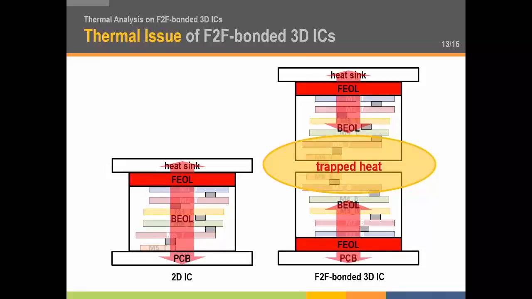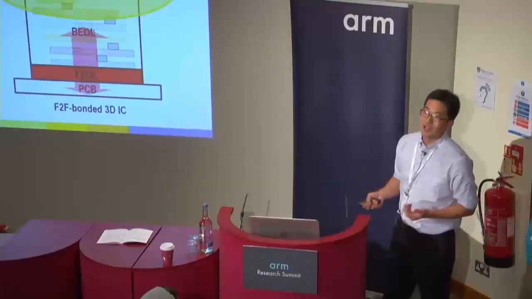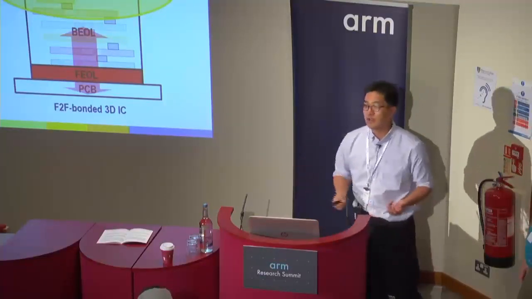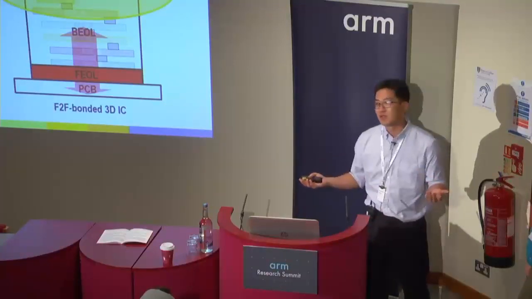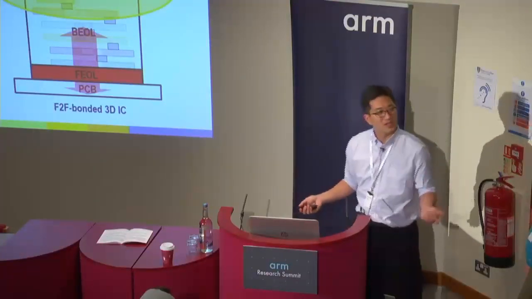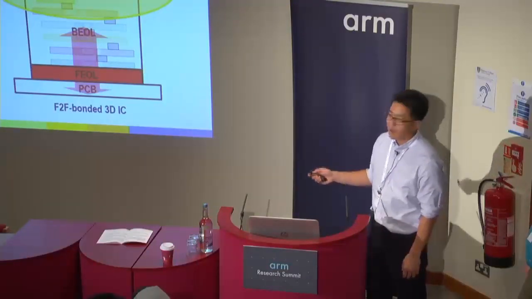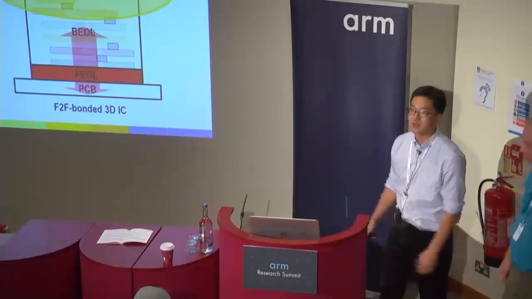That increased the maximum temperature of the 3D IC. So if you want to achieve a lower temperature than the 2D design, increasing the power saving might be one of the solutions, but there can be other solutions with the packaging or that kind of thing.